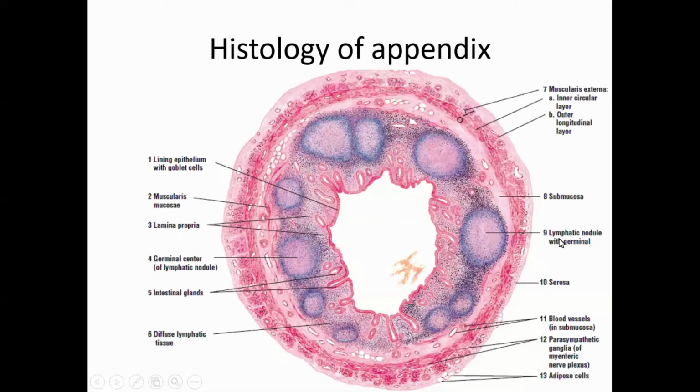These lymphatic nodules present germinal centers. Other structures are the same. The lining epithelium is simple columnar epithelium. In the lamina propria there are a few intestinal glands, but there are lymphatic nodules with germinal centers.